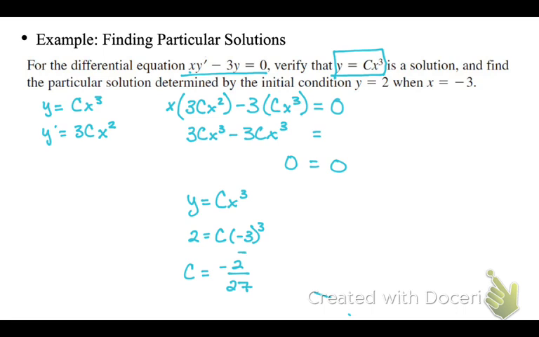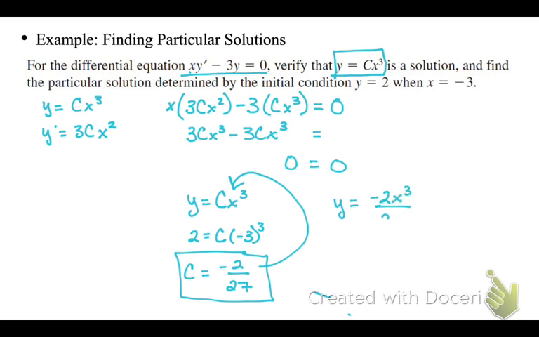So since this is c, then I plug it back into the original equation. So I get y equals negative 2x cubed over 27. So now I have a particular solution.